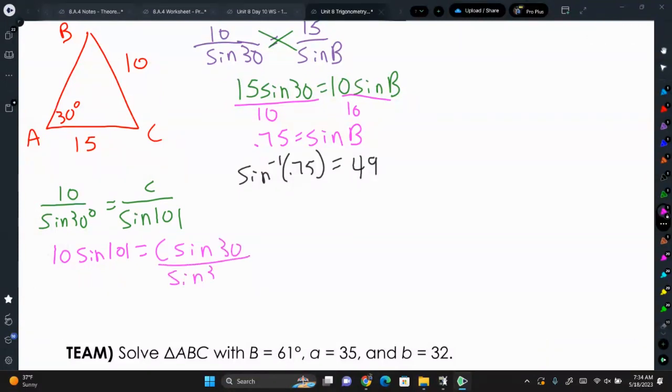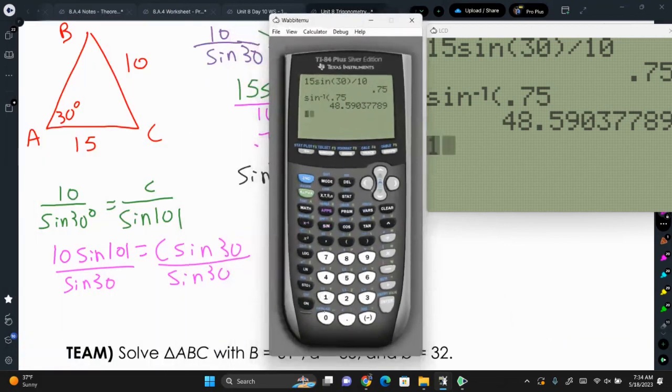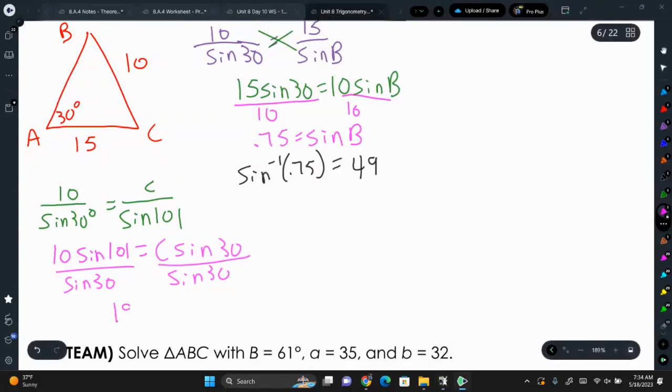Divide both sides by the sine of 30 degrees. So 10 times the sine of 101 divided by the sine of 30, and we get 19.663. So 19.63 is C.